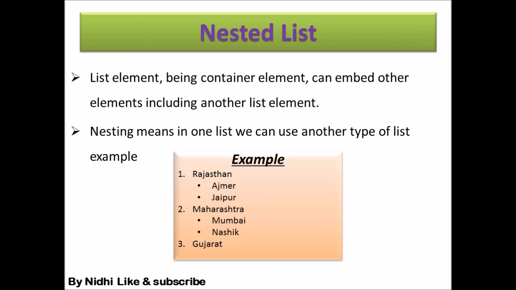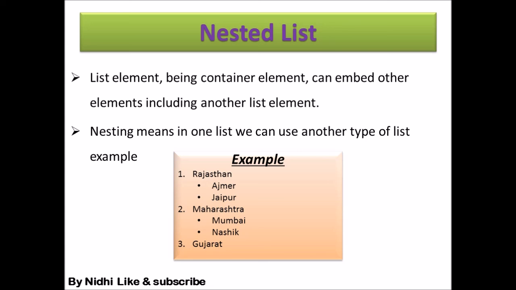Next is the nested list. Nested list means in a list we can use another type of list. See, list items are container elements and can embed other elements, including another list. For example, nesting means in one list we can use another type of list. See this example: Rajasthan is a state, Maharashtra is a state, and Gujarat is a state.